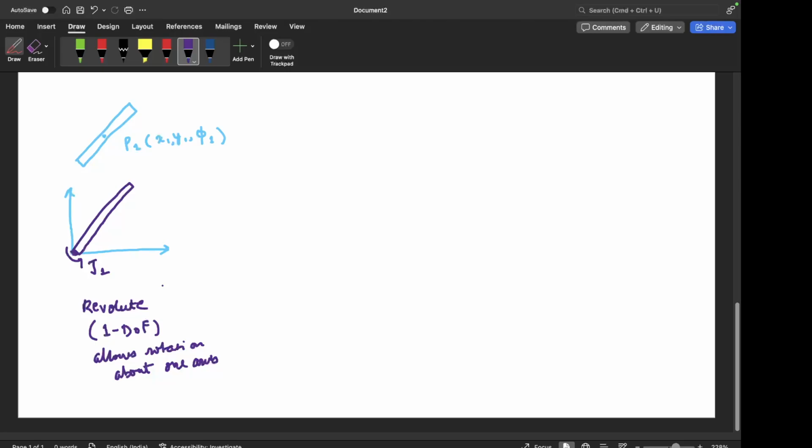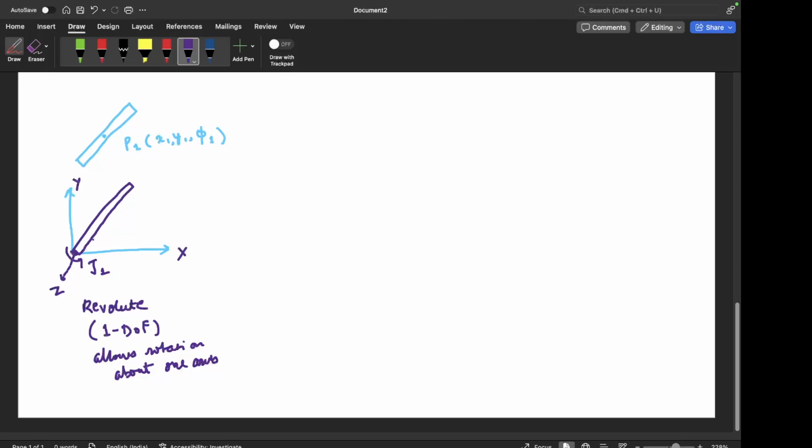So if this is the link, and if the axis is along this direction going into the plane, then this is how the motion would be, right? This is a revolute joint's motion. You can imagine like this. So now, if I have a revolute joint here, it can only rotate about the z-axis, which is coming out of the plane, right? This is x and this is y.